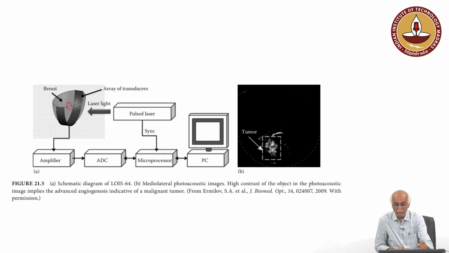That tumor will have different characteristics than the surrounding tissues. So, the thermal relaxation as well as the stress relaxation will be different because of the different tissue characteristics. The acoustic frequency of the sound which is generated will get shifted by a small amount, depending upon the material characteristics.